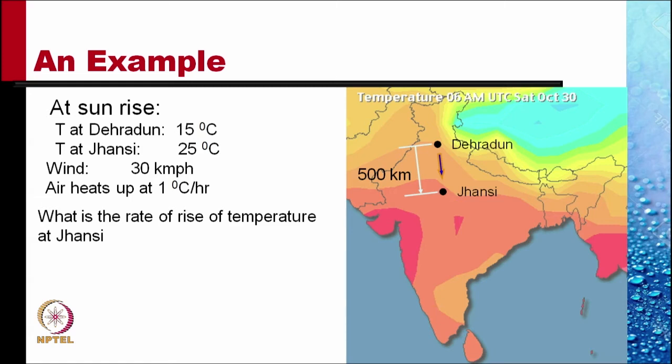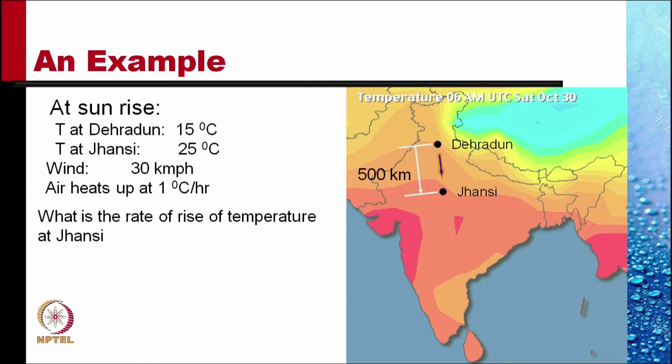To understand this, let us understand what does air heats up at 1 degree Celsius per hour mean. Is this the local rate of change or the material rate of change? It clearly is the material rate of change. Each individual particle of air is heating up at the rate of 1 degree Celsius per hour.